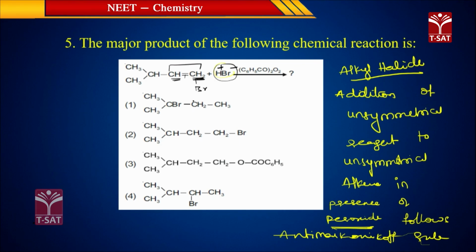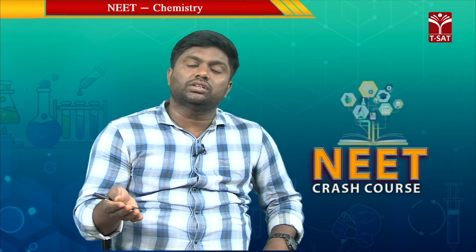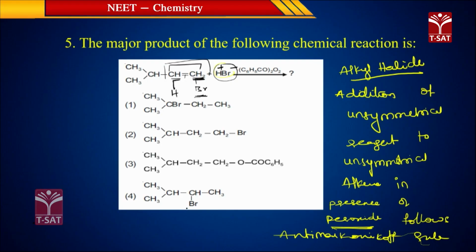So, the negative part Br is added to the carbon having more hydrogens, and the positive part H to the carbon having fewer hydrogens. You have to check only the doubly bonded carbon atoms. Break the double bond, add H at one place, Br at the other. See the options, which of these is the correct one?